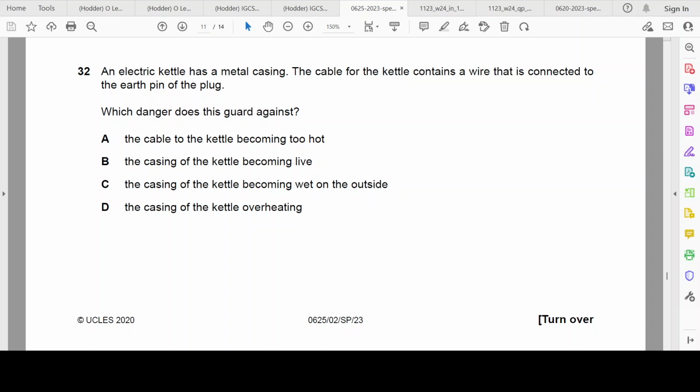And Haram, you say B, right? Okay, so obviously it's not C. The wire has nothing to do with whether the kettle is wet or not. And is it going to protect it from overheating? So again, this is conceptual. What does the earth wire do?